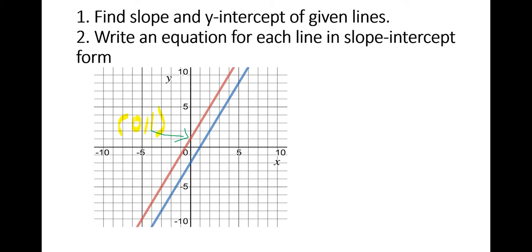So our rise is 2 and our run is 1. So rise over run is 2 over 1.